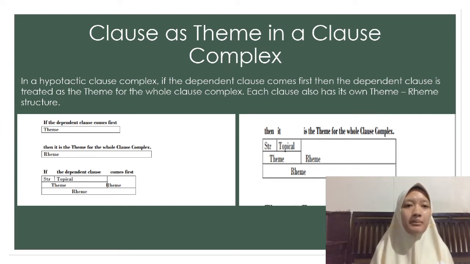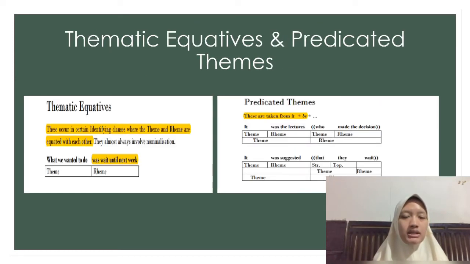It can be rheme. If the dependent clause comes first, it can be rheme. Thematic equatives occur in certain identifying clauses where the theme and rheme are equated with each other.